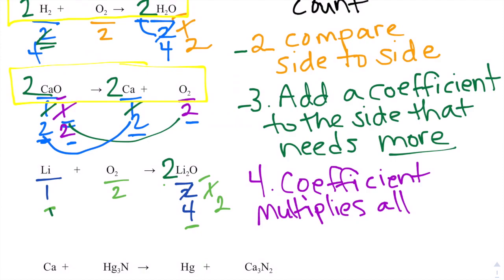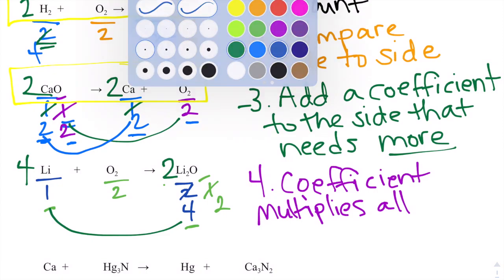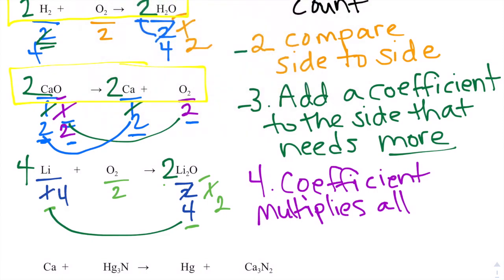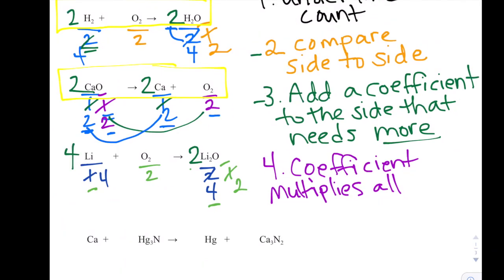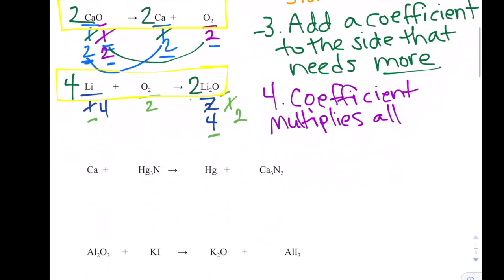So to make 1 and 4 balance, I need to put a big 4 in front, because 4 times 1 is 4. Now the Li's balance with 4 each. Remember, it's kind of like a recipe where if I'm going to make the products on the right side, I can't do that without starting with enough reactants on the left. Let's do this next one.